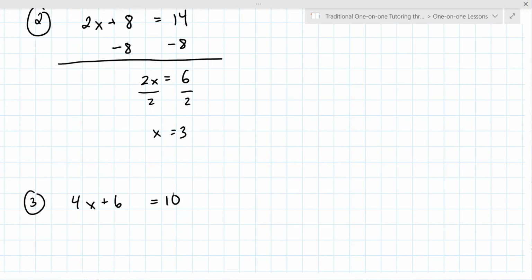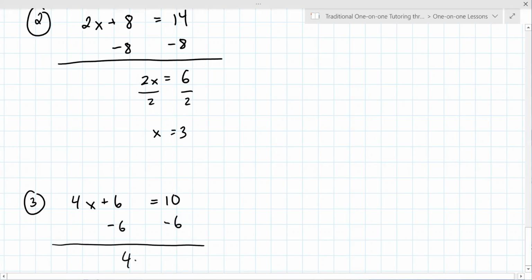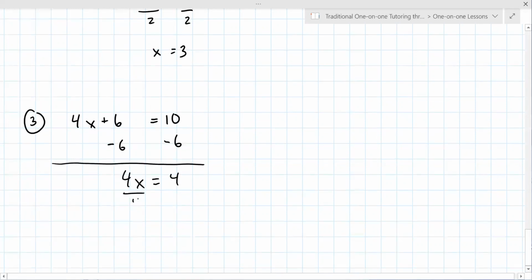Okay, let's go through it together here just to make sure. I'm going to subtract 6 from both sides. I subtract because it's addition. So 4x equals 4. Divide by 4, divide by 4. So x equals 1.